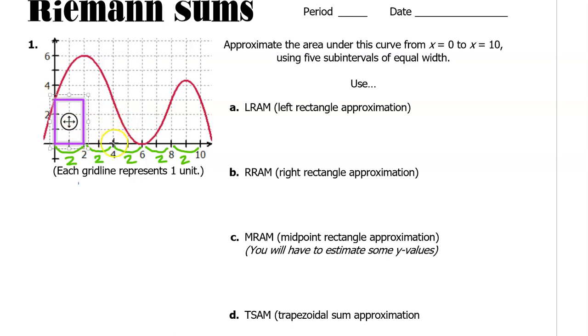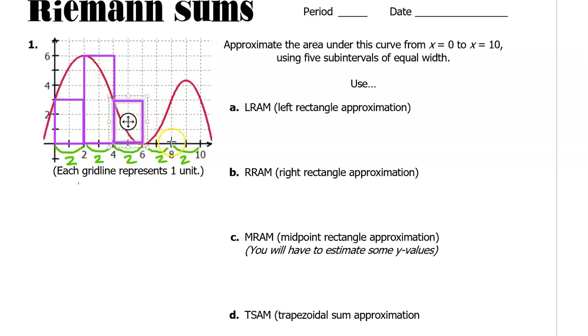So there's my first rectangle, and for the second interval, I'm drawing my rectangle and I'm going to keep going up and up until the left edge of the rectangle meets the curve. So my third rectangle is going to look like this, and it's going to go up to here because this is where it meets the function.